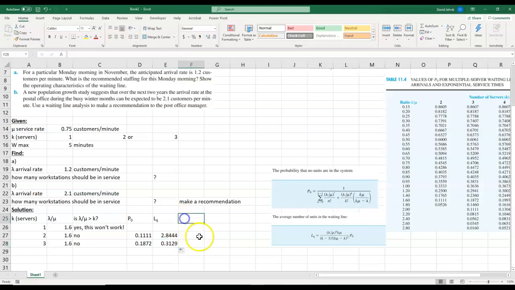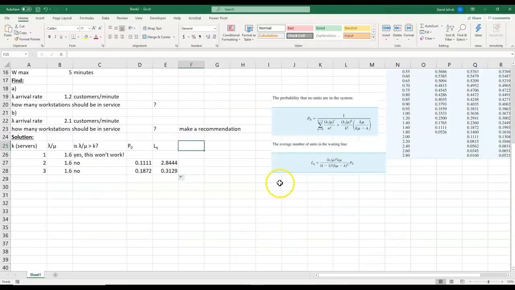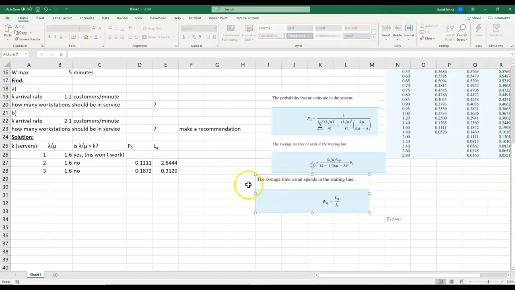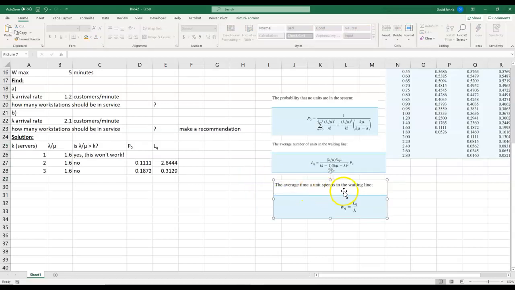Okay, so next thing we're going to have to calculate, we have to calculate W sub Q. Remember, our end goal is to get to this W. So W sub Q is this right here. It's the average time someone spends waiting in line, not in the system, but waiting in line.